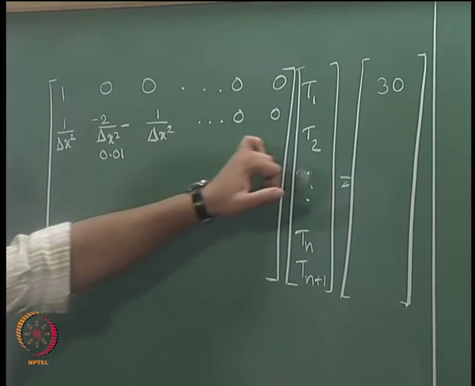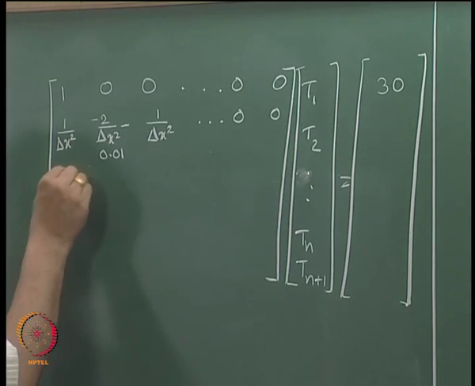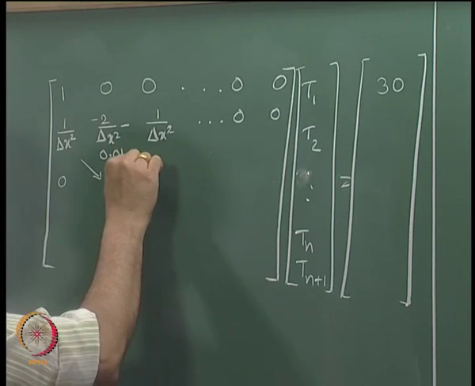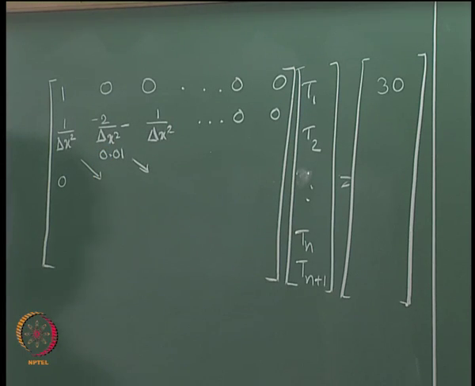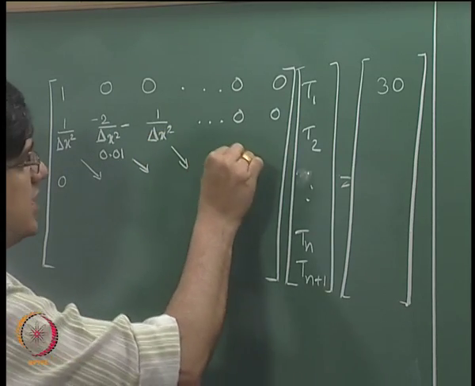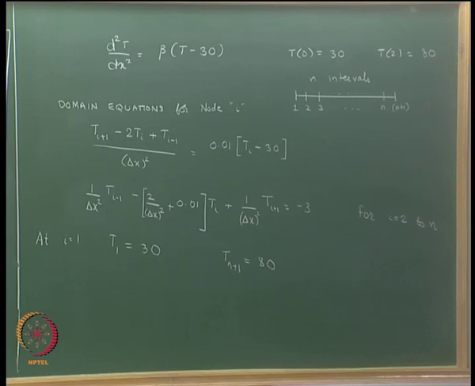That is what we will get in the second row. Likewise, in the third row we will have 0, then 1 by delta x squared over here, minus 2 by delta x squared minus 0.01 over here, 1 by delta x squared over here and rest everything would be 0. This is all going to follow for all of those rows.